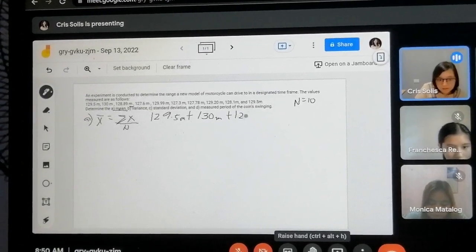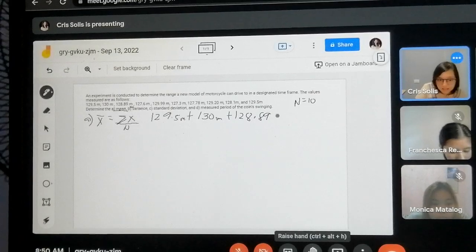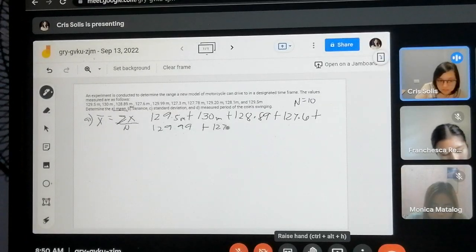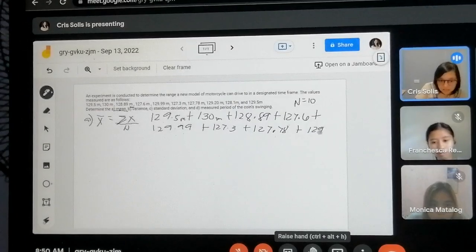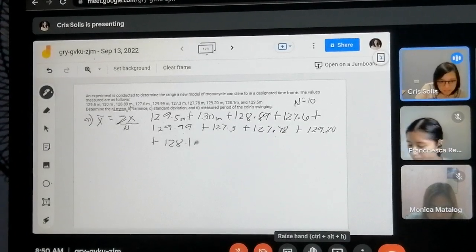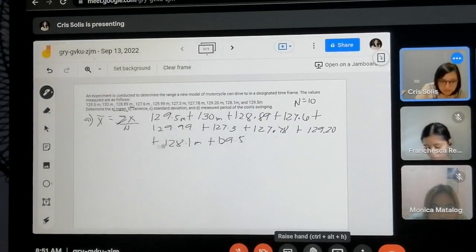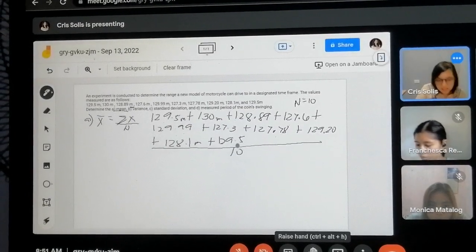Plus 128.89 plus 127.6 plus 129.99 plus 127.3 plus 127.78 plus 129.20 plus 128.1 plus 129.5. Divide everything by 10.